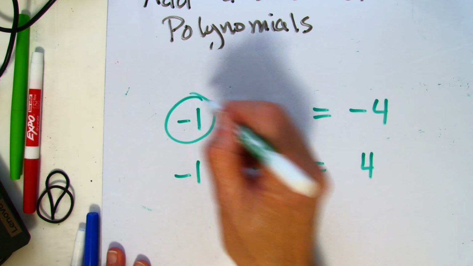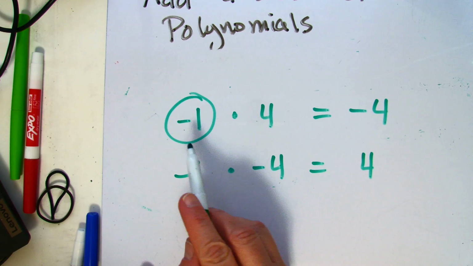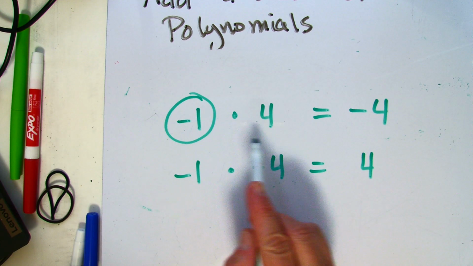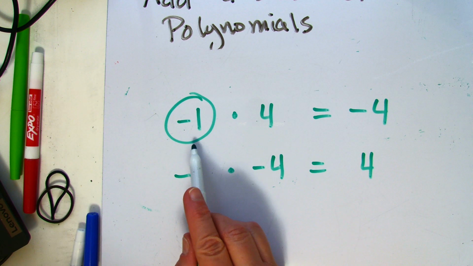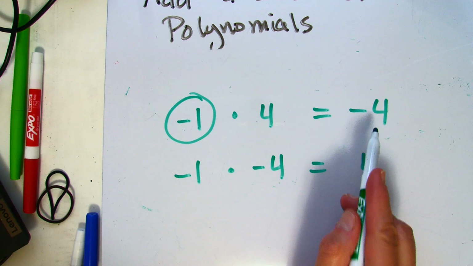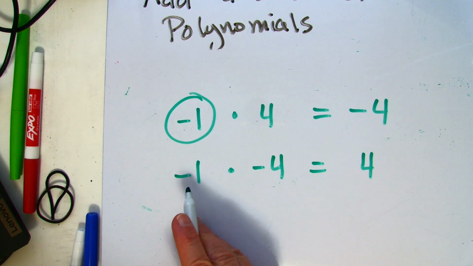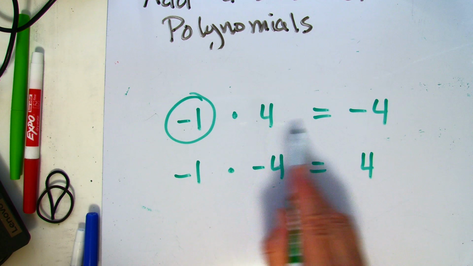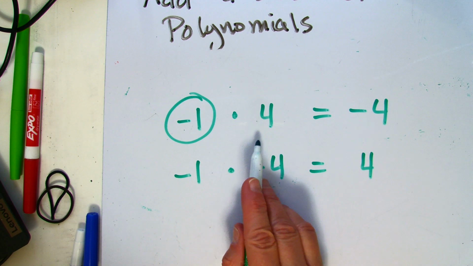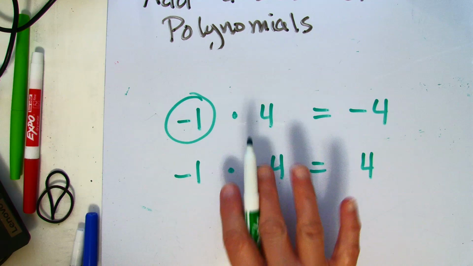So this negative basically changes the sign of the original factor that we're multiplying by. So negative 1 times 4 is a negative 4. Negative 1 times a negative 4 is a positive 4. So these kind of switch their signs, don't they? They're now the opposite.